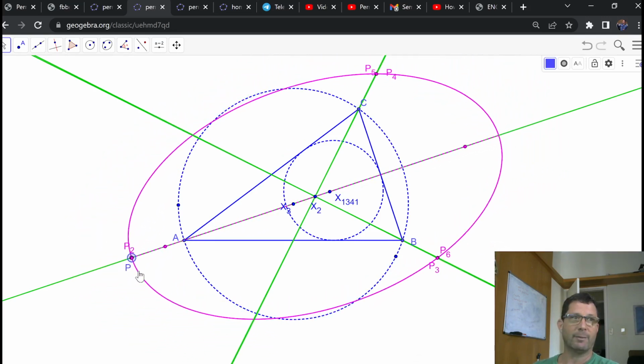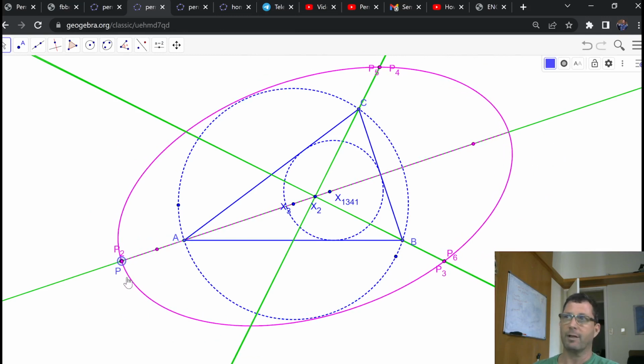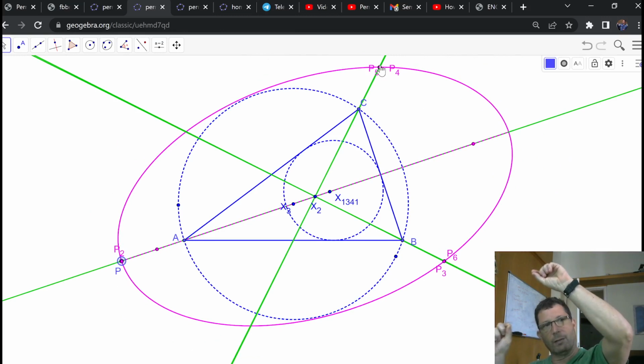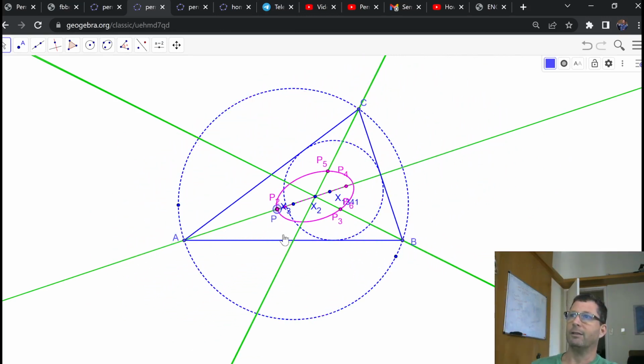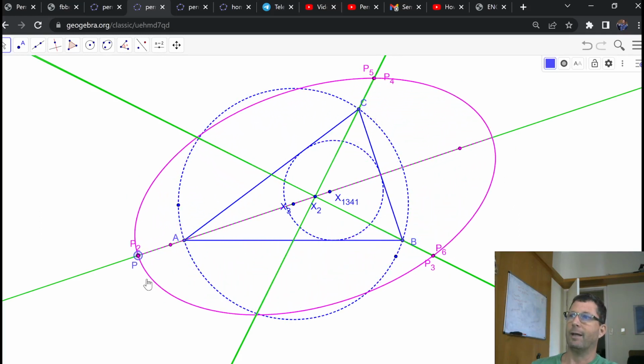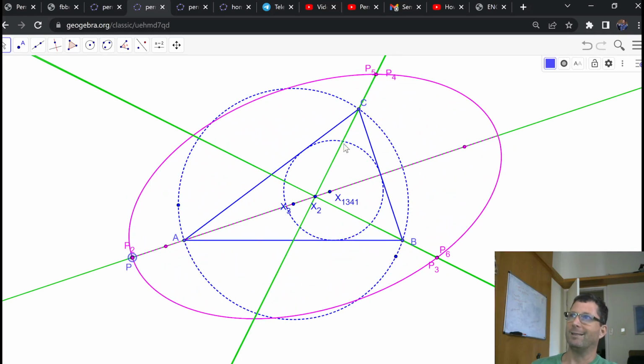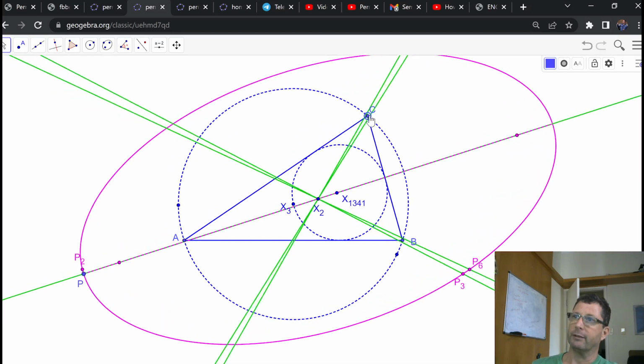So one of the permutations coincides with P itself, and the other 2 pairs of permutations coincide with each other, and they will ride on doubled up lines. Okay? So here C is not exactly at the position, but there's going to be a one-dimensional locus for C.